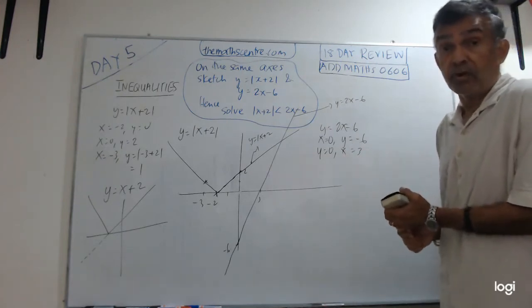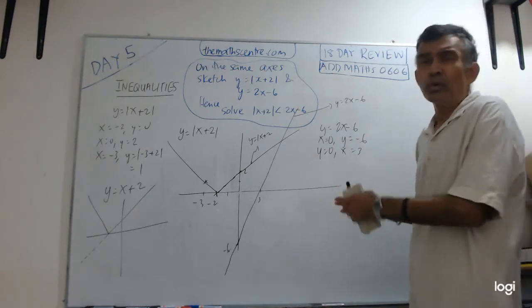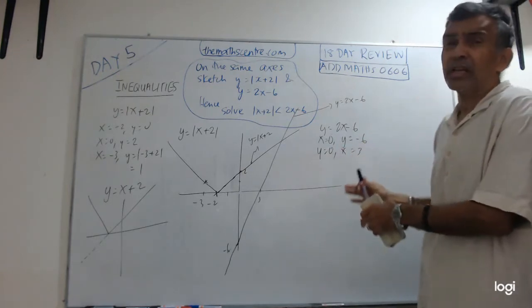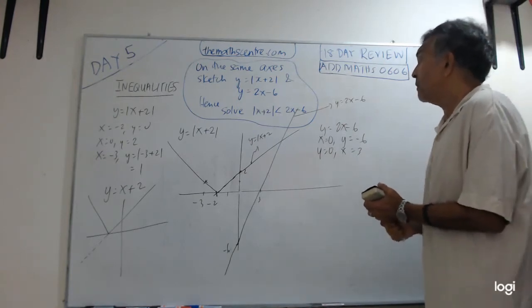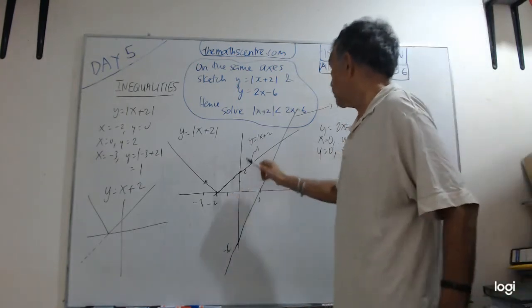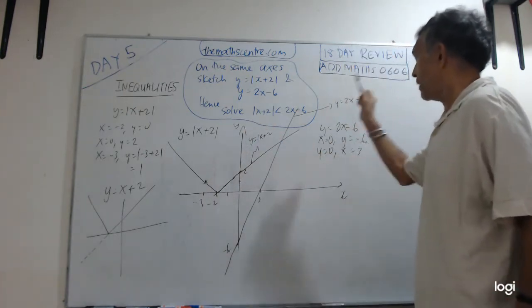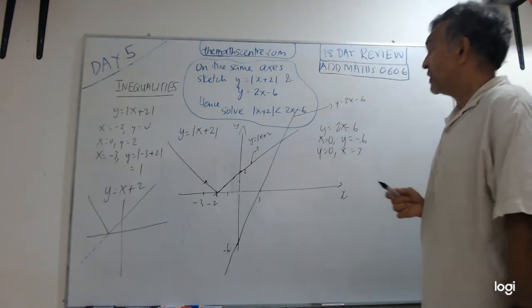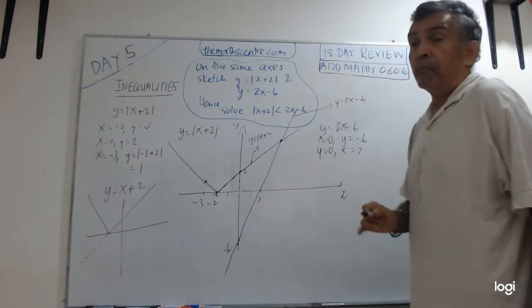It's very important. If you don't have a reasonable scale, you'll find you can't see the actual graphs. I've indicated some points here, negative 2, 2. Of course, I've labeled the y-axis, x-axis. I've got my 2 lines. All done.